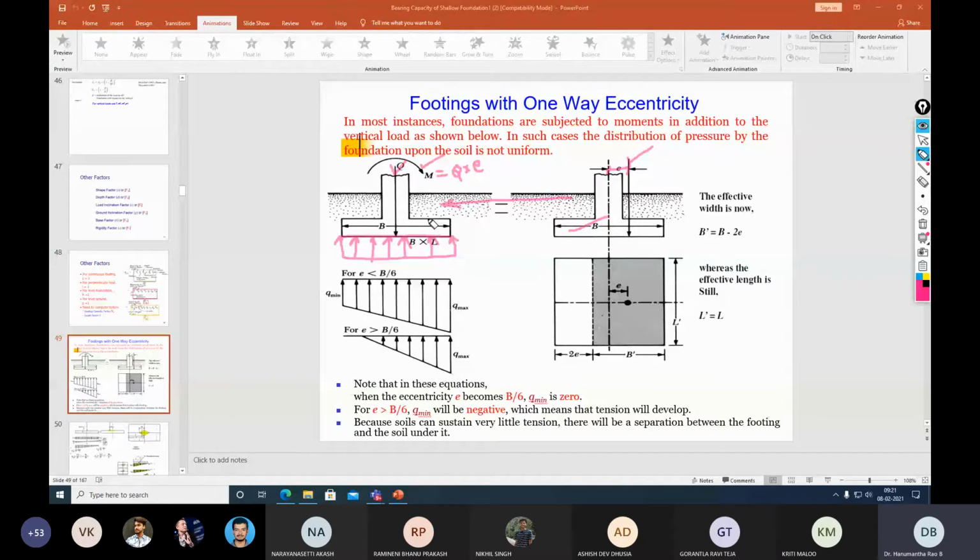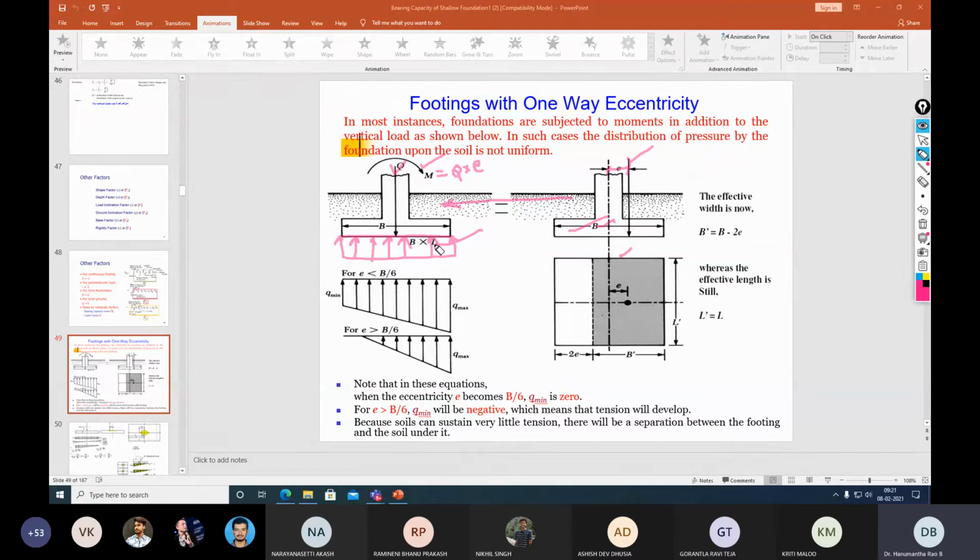However, in the case where the footing is subjected to eccentricity, as shown in this slide, the whole footing area will not contribute to soil bearing pressure. For example, if B is the width of the footing and L is the length, the whole area B by L will not contribute.